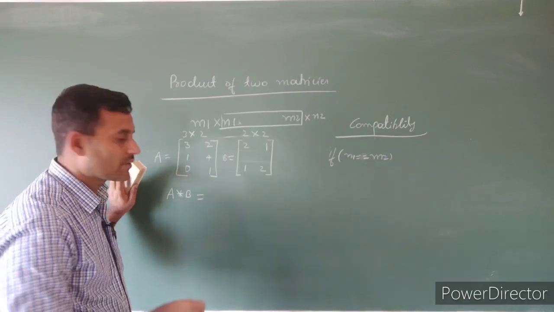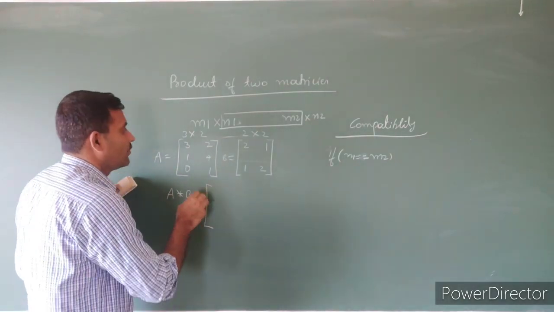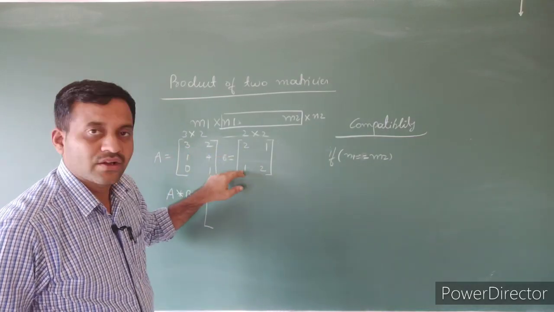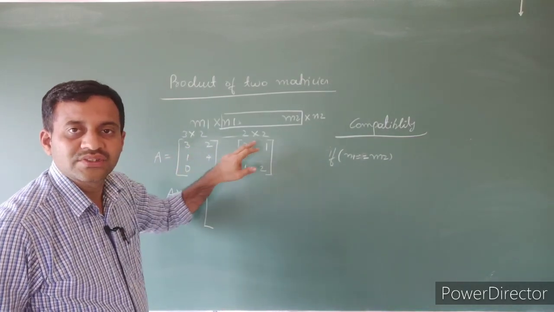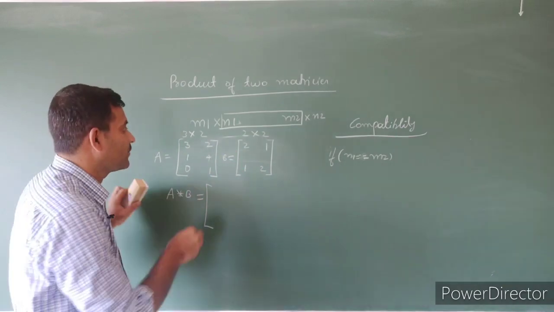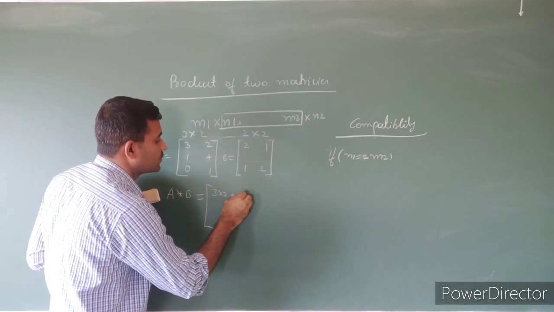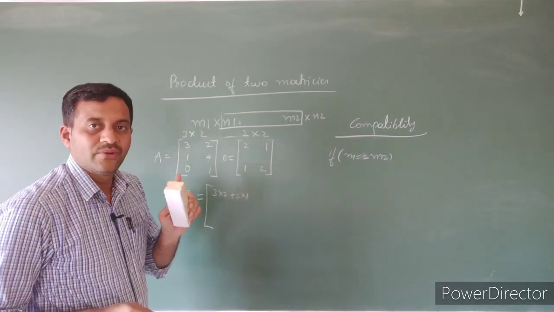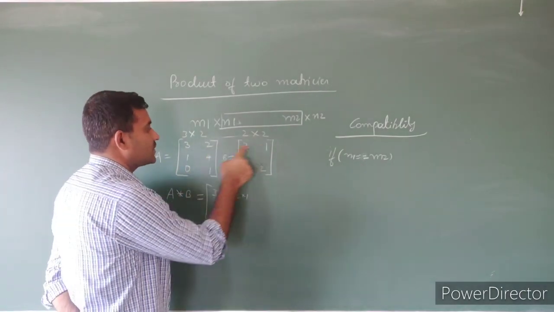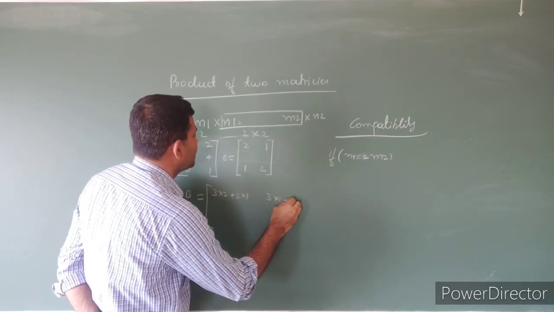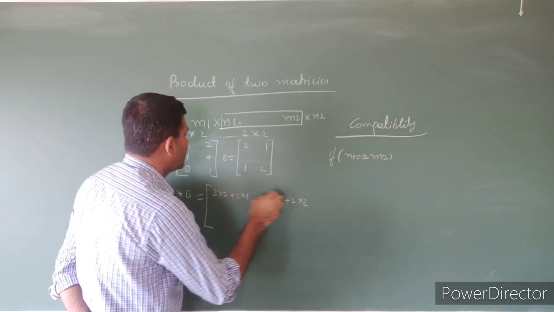To perform the product, I have to multiply first row with first column, first row with second column, then second row with first column, second row with second column, like this. See what we have done. First row, first column returns the first element: 3 into 2 plus 2 into 1. First row, second column returns the second element: 3 into 1 plus 2 into 2.